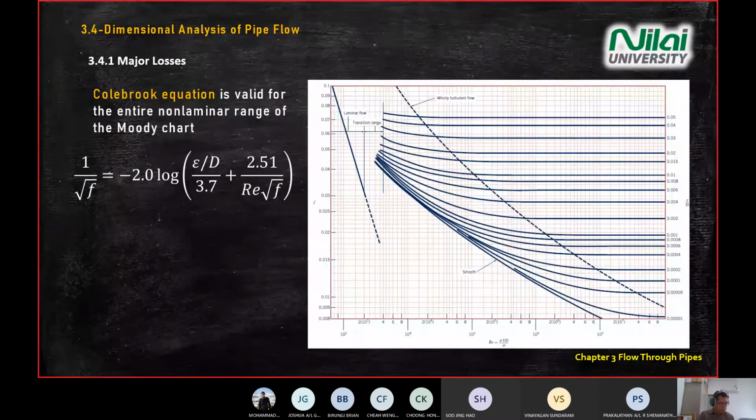Okay, so you need to fill in this answer, which is an additional equation. When we look at the Moody chart, it's called the Colebrook equation.